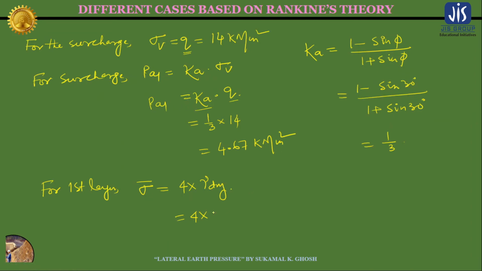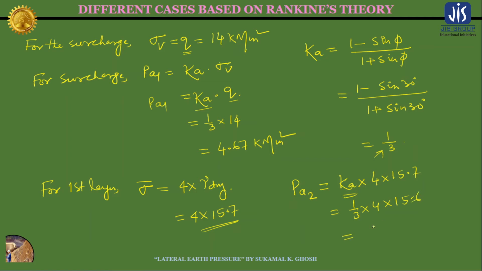Okay, so 15.7. Okay, so for the first layer, if the active earth pressure is Pa2, then it will be equal to Ka into this value, that is 4 into 15.7. So the value of Ka is 1 by 3. So 1 by 3 into 4 into 15.7.